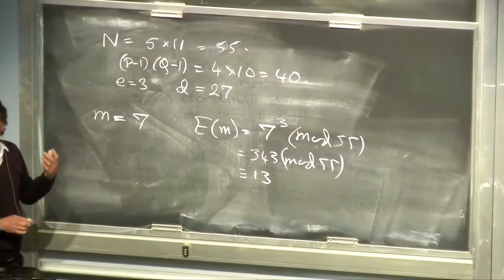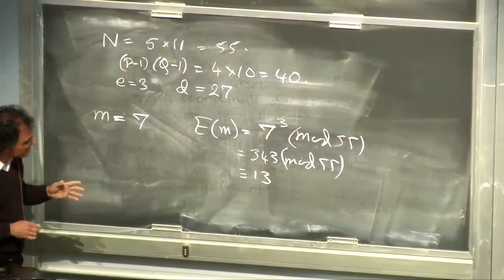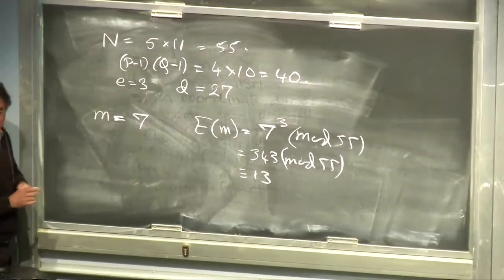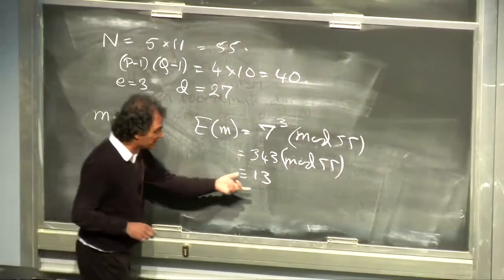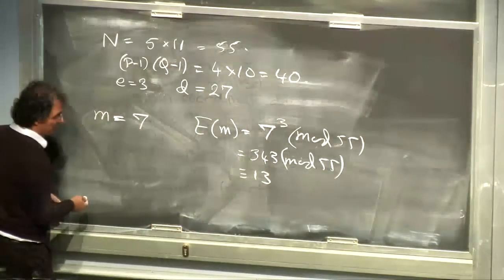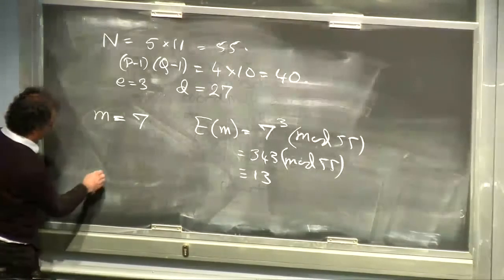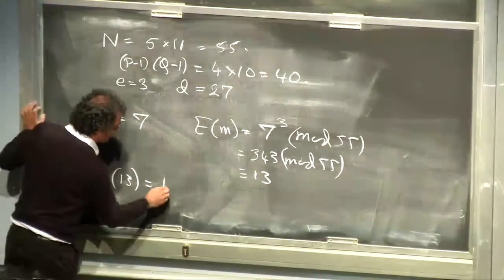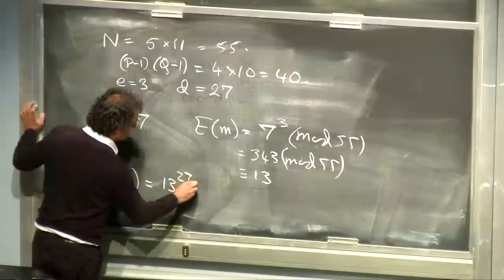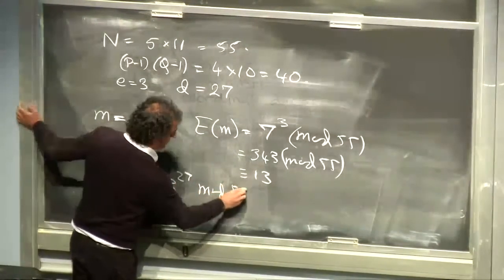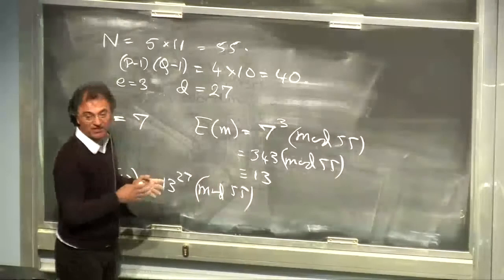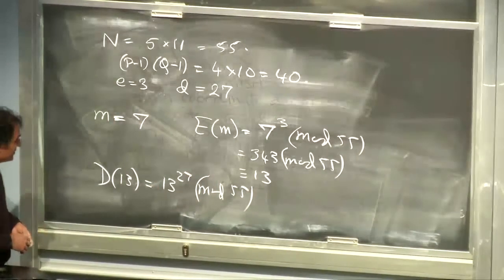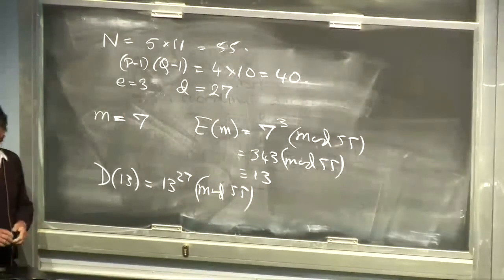Is it, or did I get it wrong? It's right. Okay, and then if you want to decrypt, it would be 13 raised to the power of 27 mod 55, and at this point we give up and we just say, well, we hope it's back to 7. Okay.